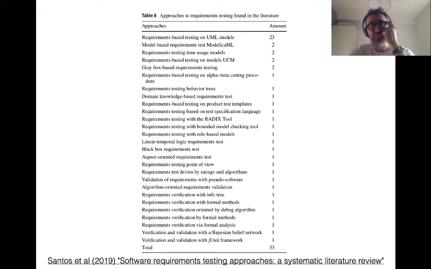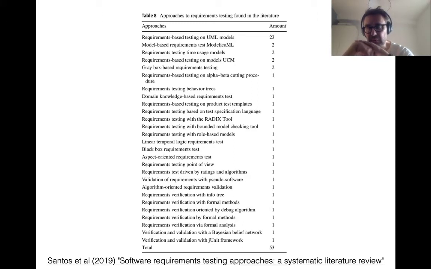Many of the techniques have only been studied one time, a few 2 times. The number one on top is requirements-based testing based on UML models, which is almost half of the literature.